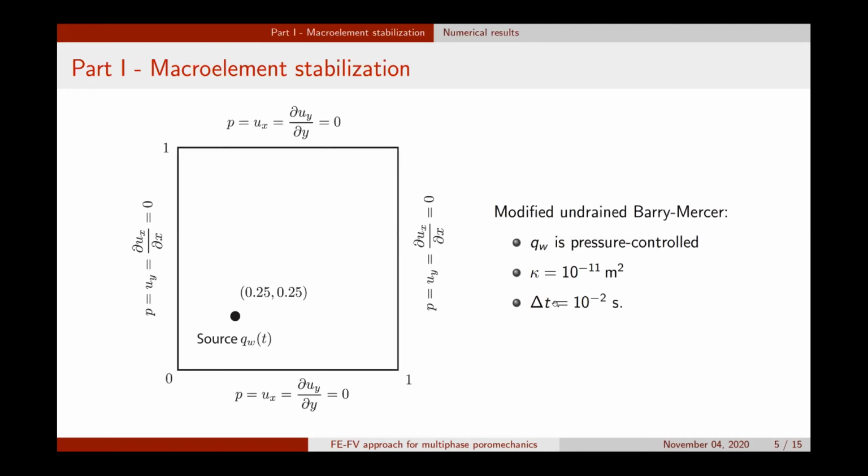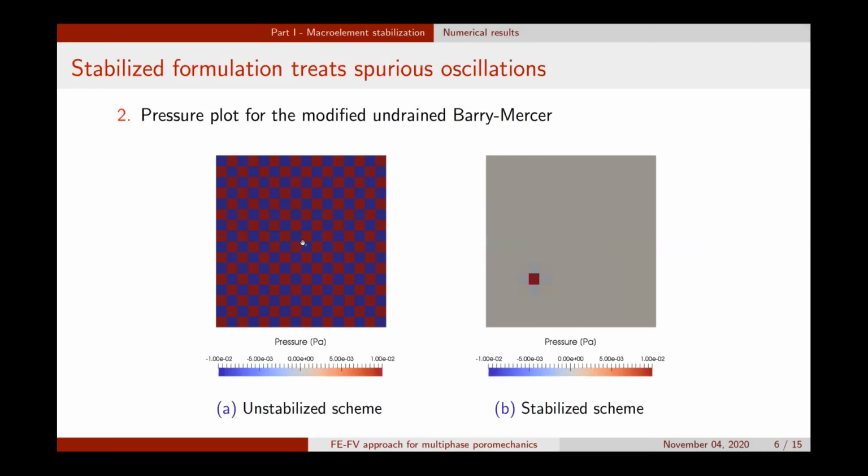That is why we are simulating only one very small time step, and our permeability is also very small. In this case, when we apply a pressure, for our finite element, finite volume discretization, our result will look like that if we don't have any stabilization method. After developing our proposed stabilization and implementing it in the code, we can see here that we have the expected result.